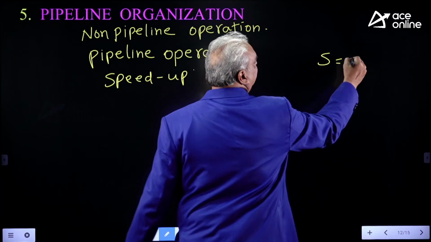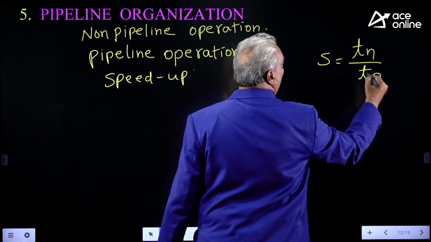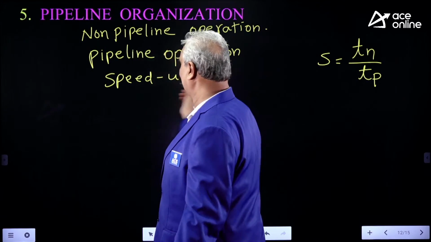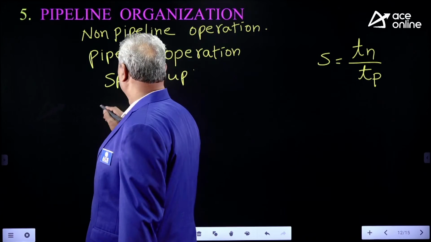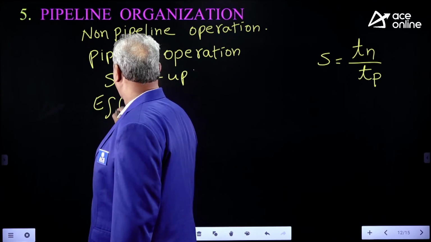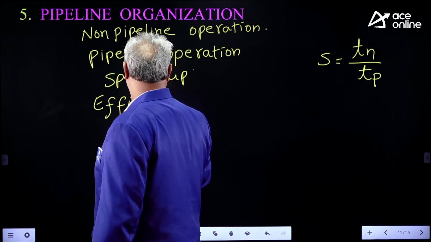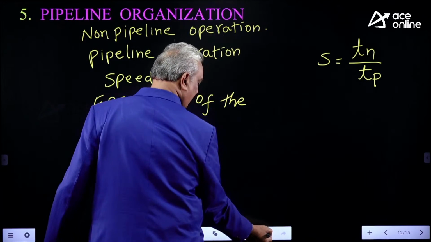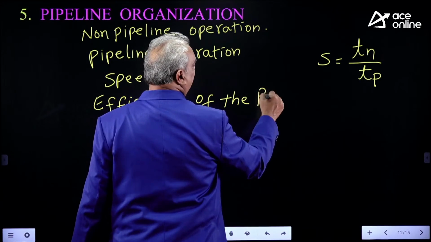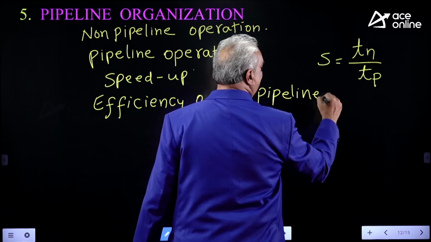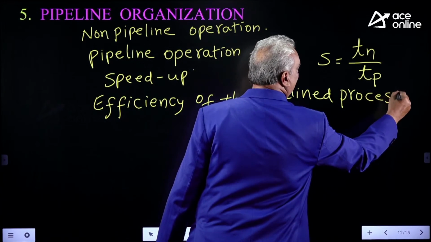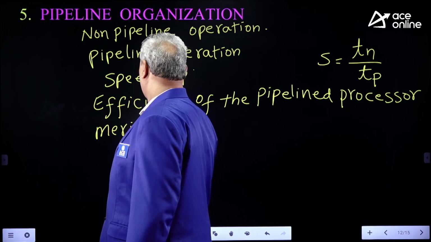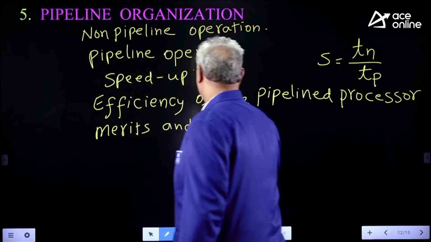S means speed up, Tn by Tp. What is Tn? Non-pipeline time. What is Tp? Pipeline time for executing the same program. Later, what about the next one? Efficiency of the pipeline processor. And merits and demerits of the pipeline processor.